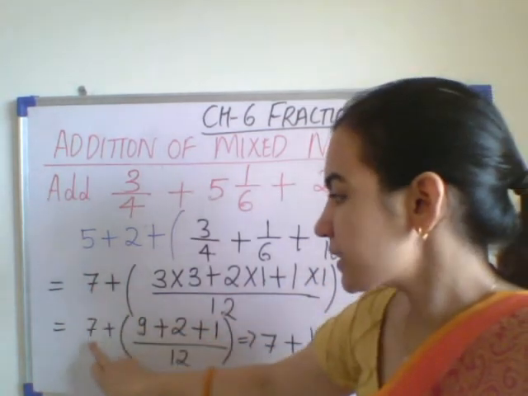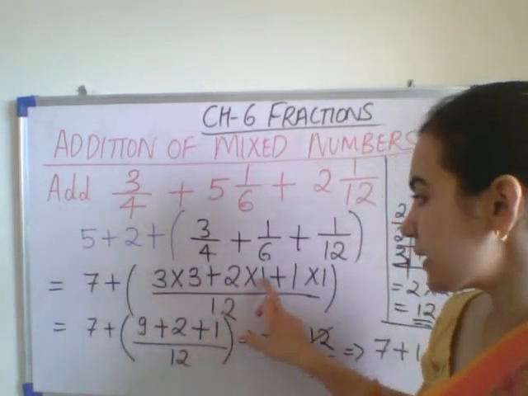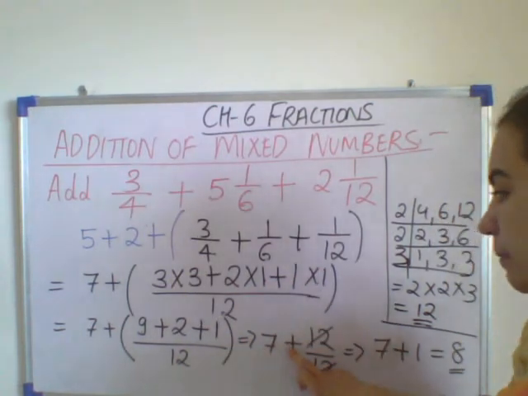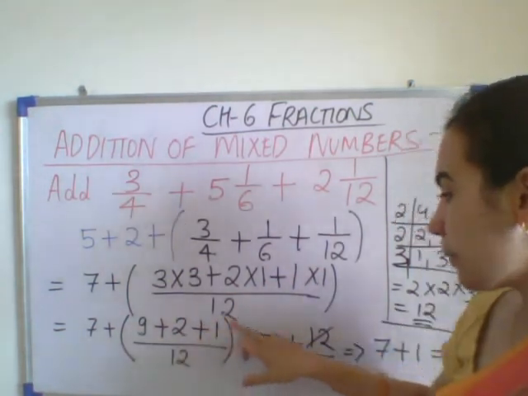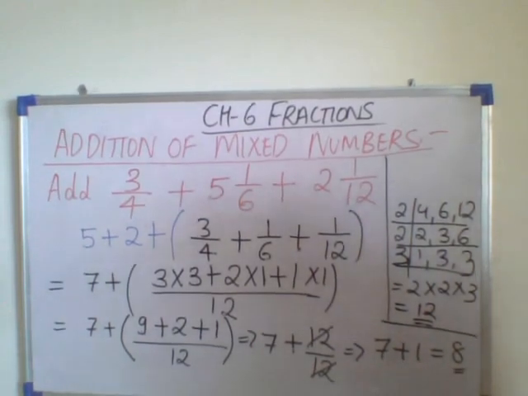I have written as it is 7 plus in brackets, 3 3s are 9 plus 2 1s are 2 plus 1 1s are 1. 7 plus, if we add these 3 numbers, we will get 12 upon 12. So if I cancel it, I will get 1. So 7 plus 1 is 8.